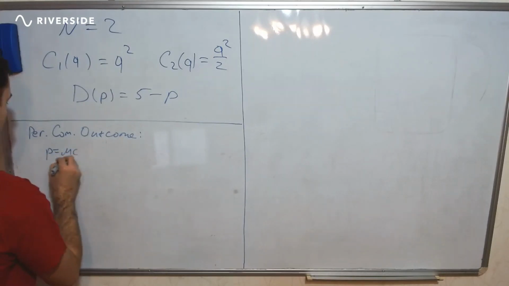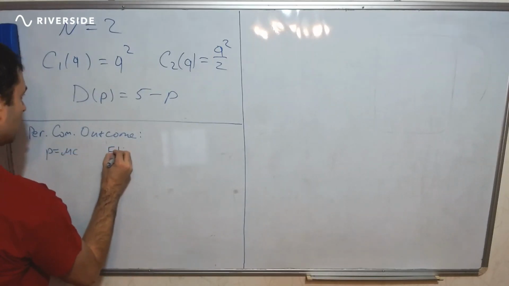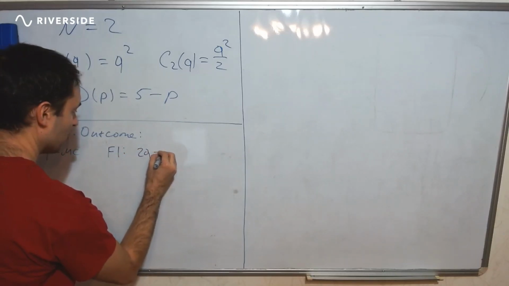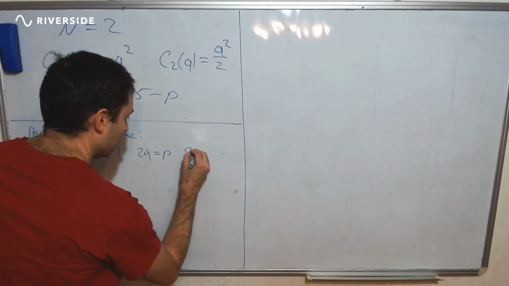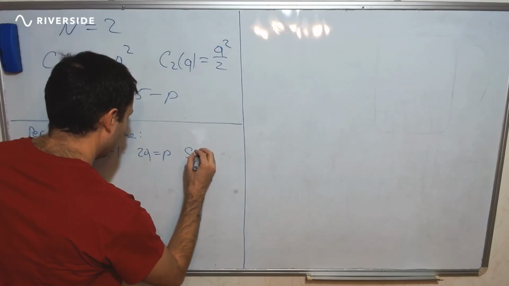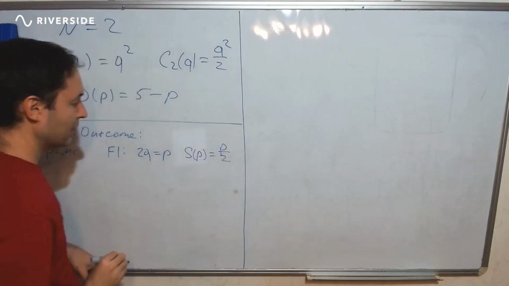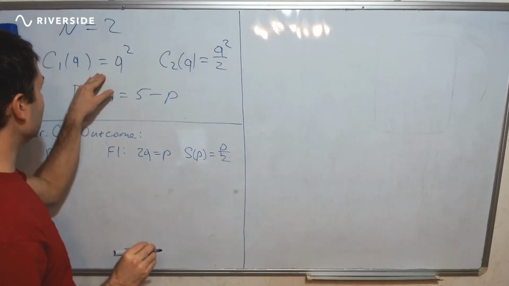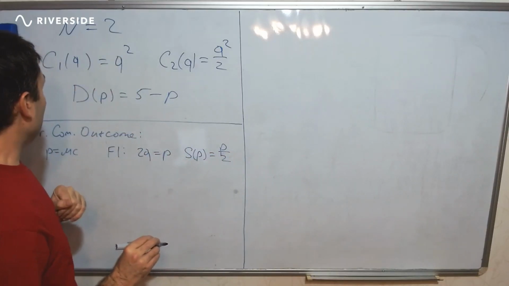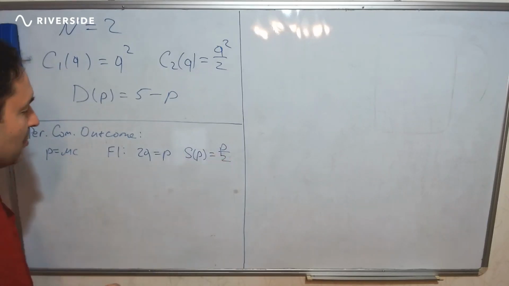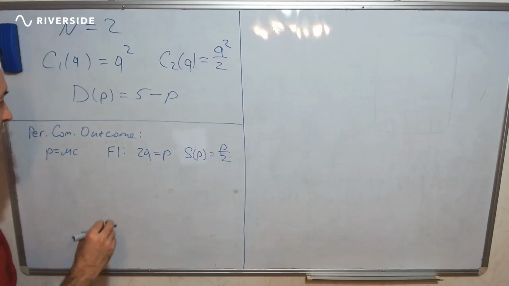For firm one, its marginal cost is 2Q equals price, therefore its supply will be P divided by 2. This firm doesn't have any fixed costs, and the marginal cost starts at 0, therefore the supply curve will be P over 2 for any P.